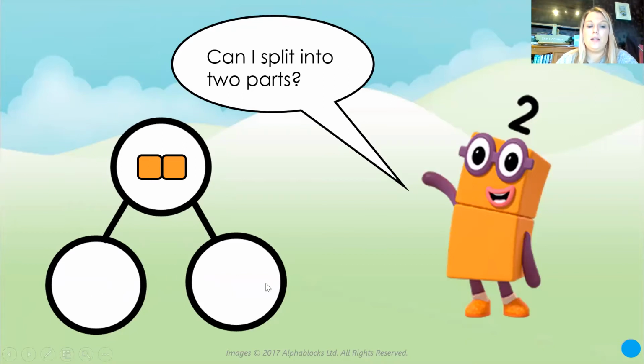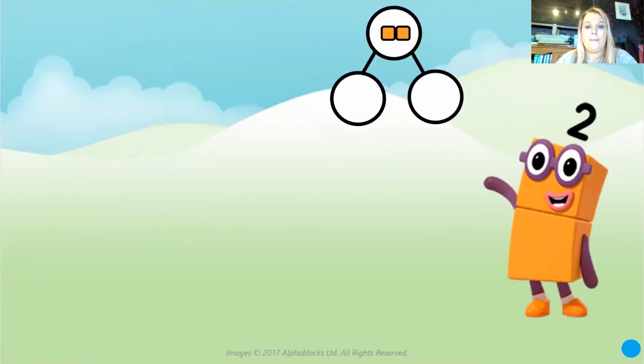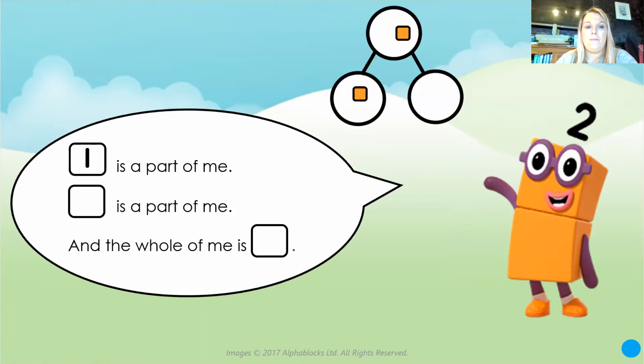What will my 2 parts be? Well done if you said a 1 and a 1. A 1 and a 1 makes 2 like that. One is a part of me, 1 is a part of me, and the whole of me is 2.